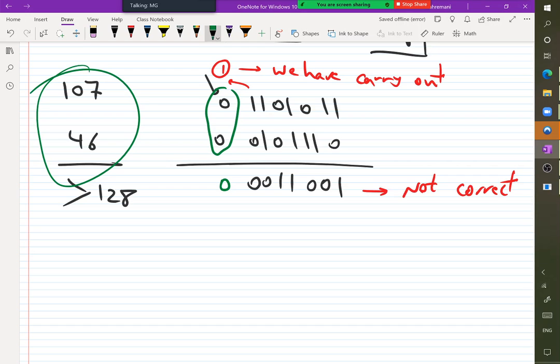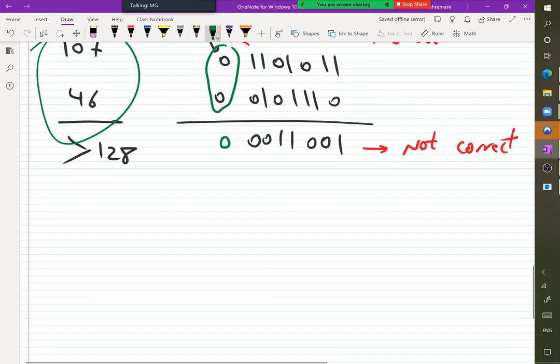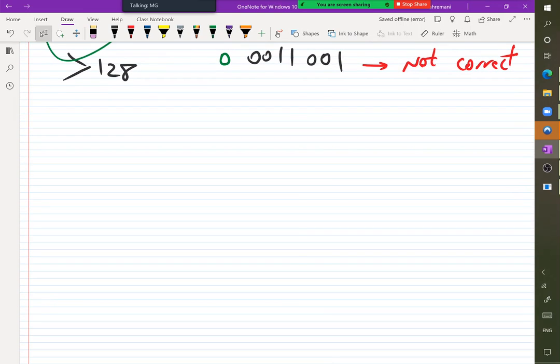The same thing goes for subtraction. We do the subtraction in base 2 in the same way we subtract with pen and paper. Let's have an example. Let's say we have 46 and we want to add it with negative 25, or subtract them.